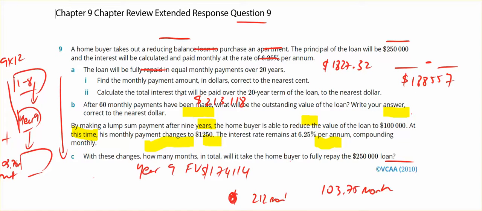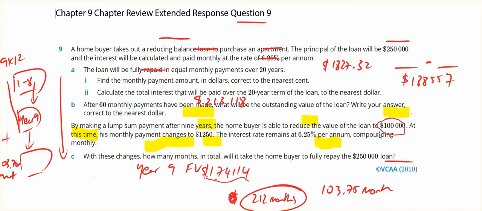212 months. Obviously, when you're doing this on the SAC, please make sure you're more structured than I am, but that's basically how you work it out. Summarizing what happened: they took a loan out for 9 years at certain conditions. We found the final value of the loan after 9 years. Then the loan changed to being worth $100,000, because he paid a lump sum.